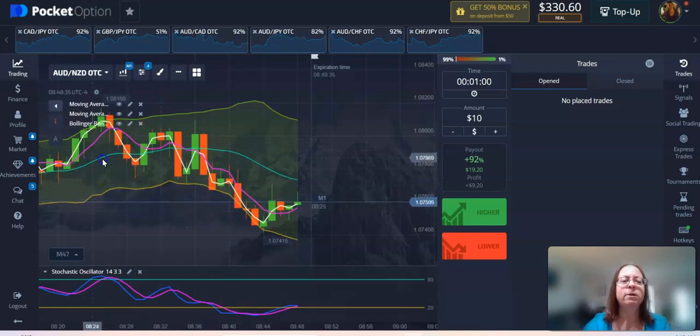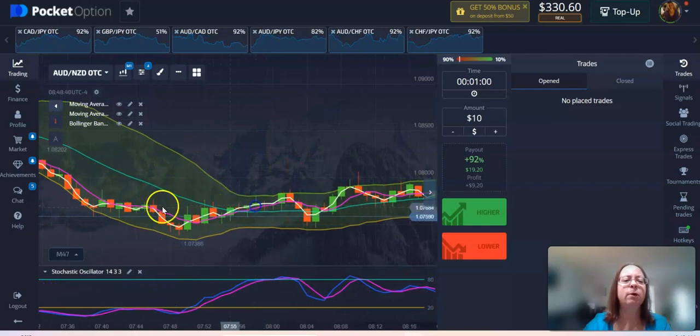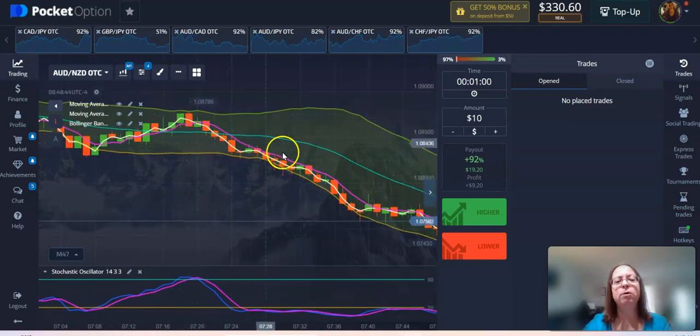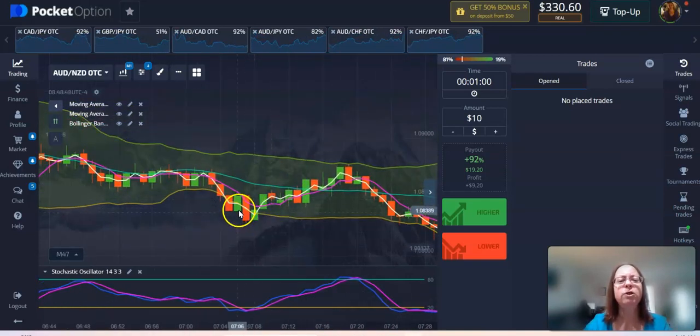One of the things about this strategy that you want to do, you want to look for big moves and bigger candles. That's a huge downtrend right there. Look for sharp V's like this right here, because the V here corresponds with the V in the stochastic oscillator, and that's an indication that the trade is going to go up.